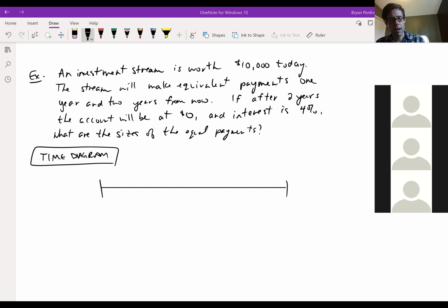So let's get some timestamps in here. We need a 1 year, we need a 2 year, we need a today bar on our time diagram. That should do the trick for all of the timestamps we need. We have 2 equivalent withdrawals happening, one at 1 year from now and one at 2 years from now.